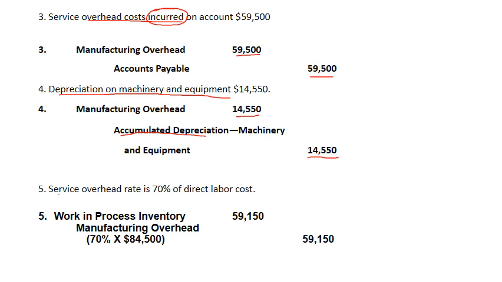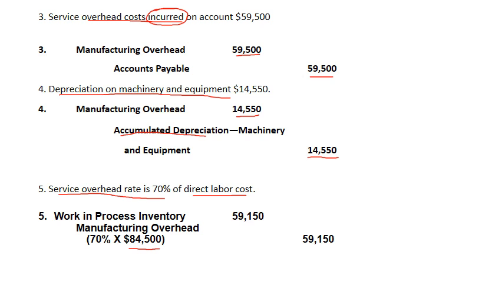Now we have allocation of the predetermined overhead rate. So this says it's 70% of the direct labor cost. So what you will do is go back and look at how much we charged for direct labor.